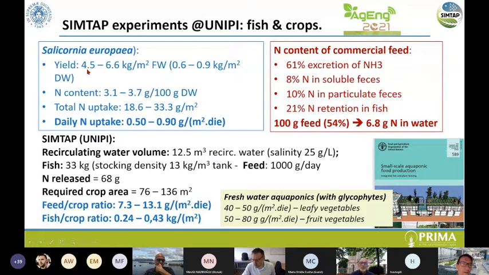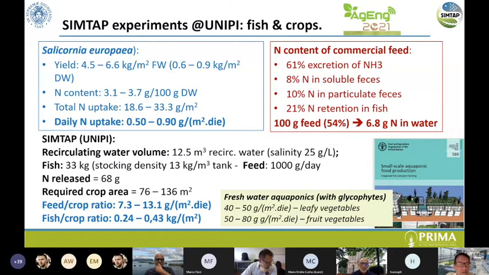You can see we reached an average yield of 6.6 kilos per square meter per cultivation, and that is with fresh water, of course. And what is the importance of the crop in the SIMTAP system?